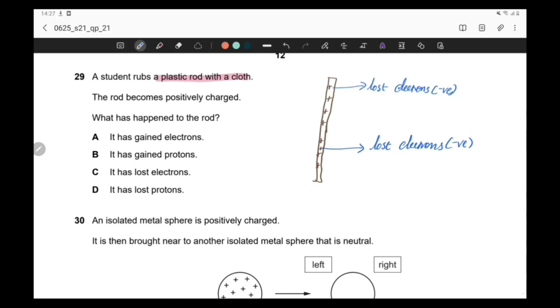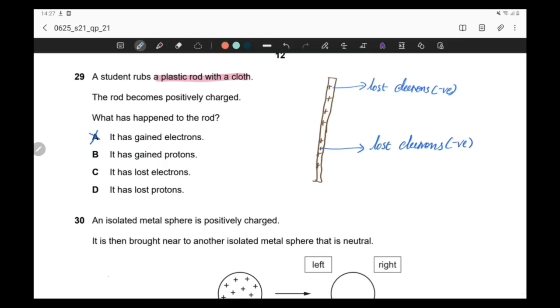Any object which becomes positively charged has lost some negatively charged electrons. Let's see the options. Option A says it has gained electrons. If the rod has gained electrons, then the rod will become negatively charged, but here the rod became positively charged. That means option A is wrong. Option B says it gained protons.